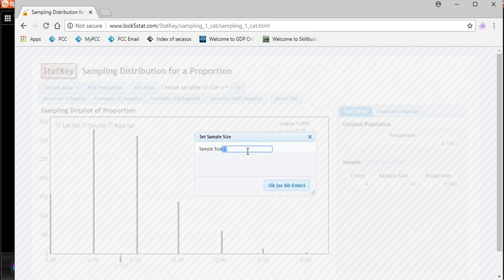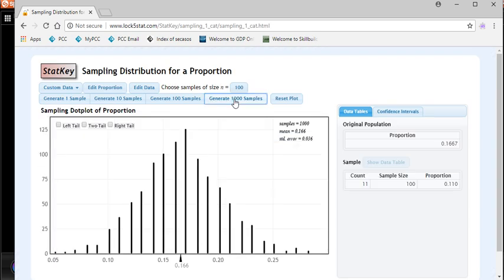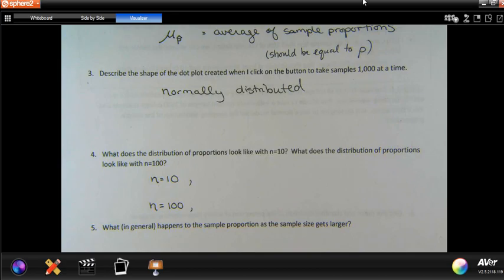Whereas if I bump this up to 100 and generate that sample 100 times, nice bell-shaped curve here, and centered where we expect to be centered. So we're going to be seeing there's a sample size condition here of making sure we have a large enough sample size to have a normally distributed graph.